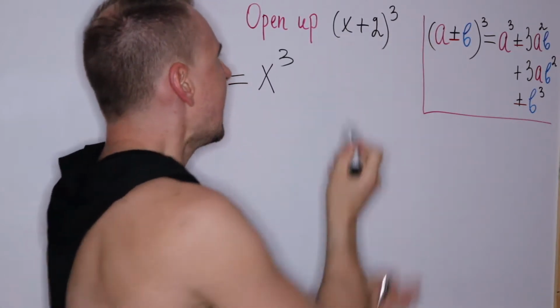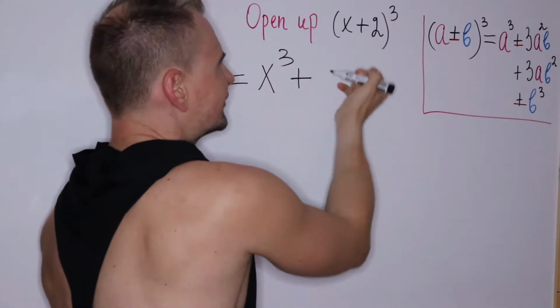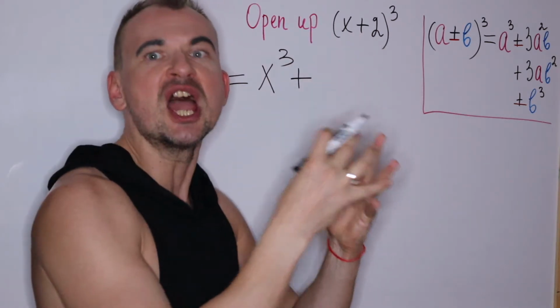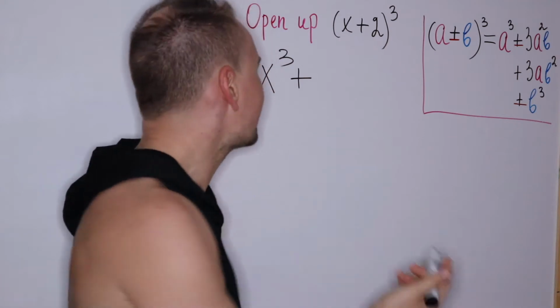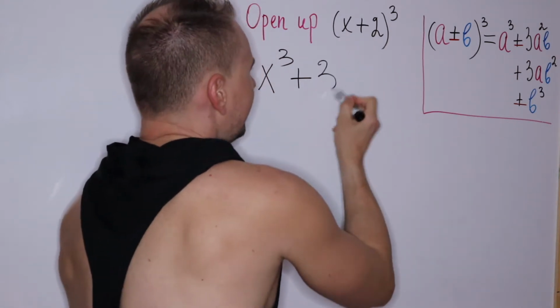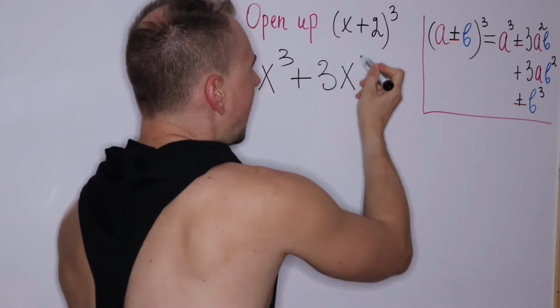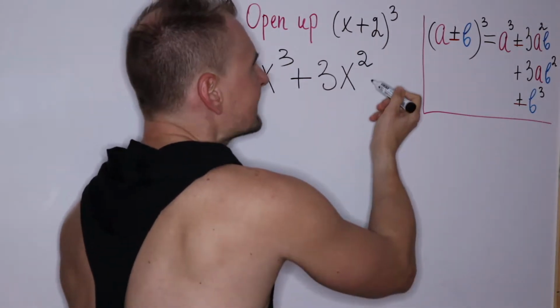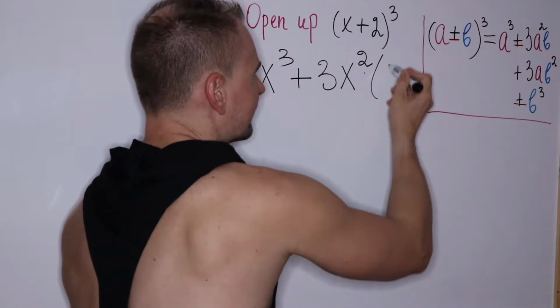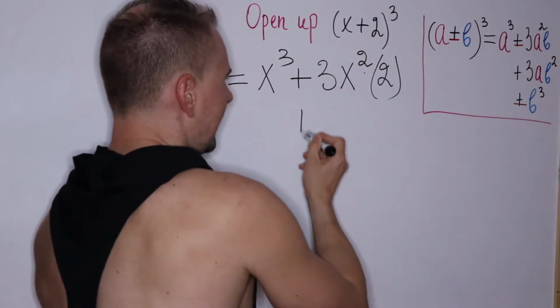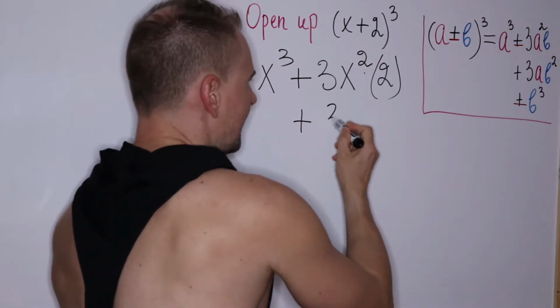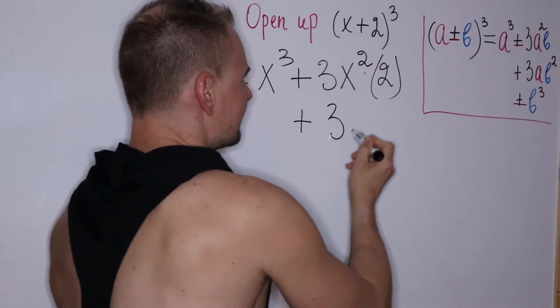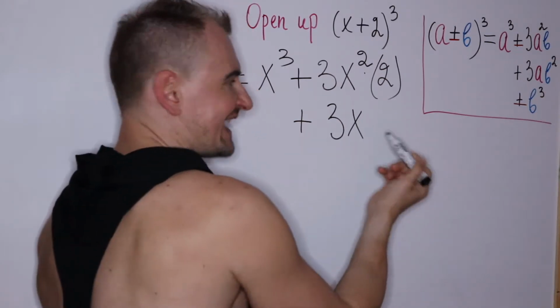Now, plus, since your terms are added together, 3 times the second power of the first term, which is x, or x to the second power, times the second term, which is 2. Add. Now, triple, 3 times the first term as is, which is x.